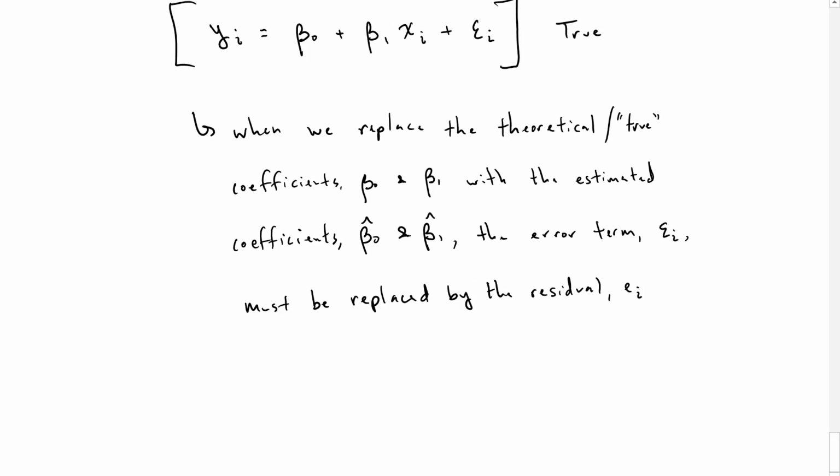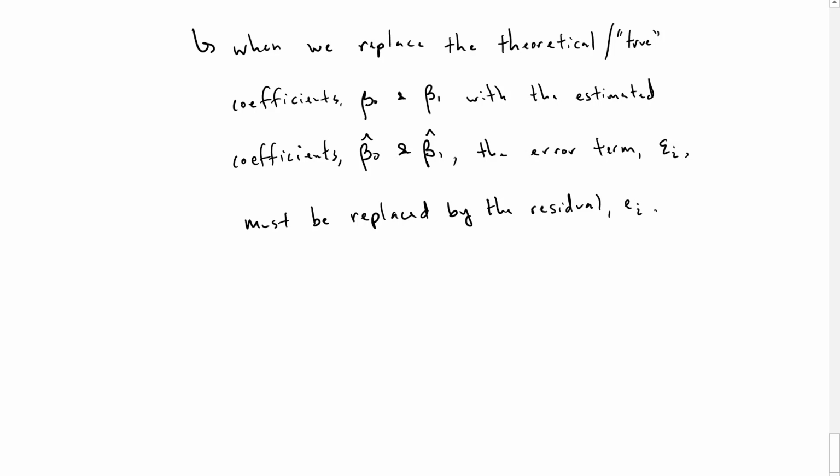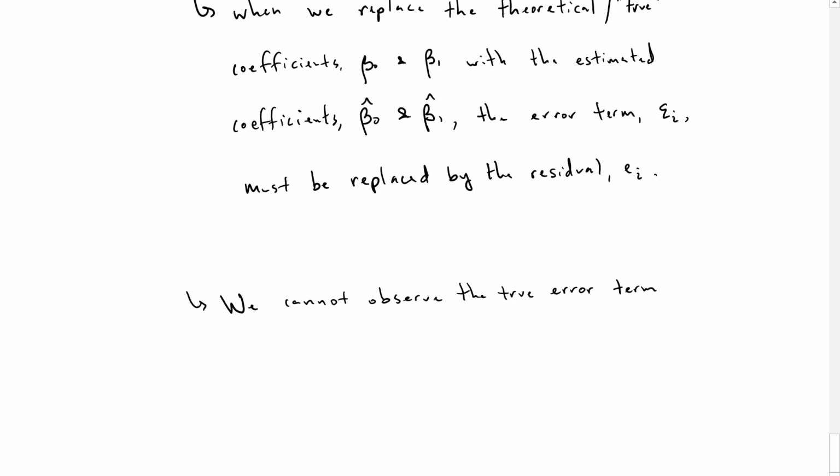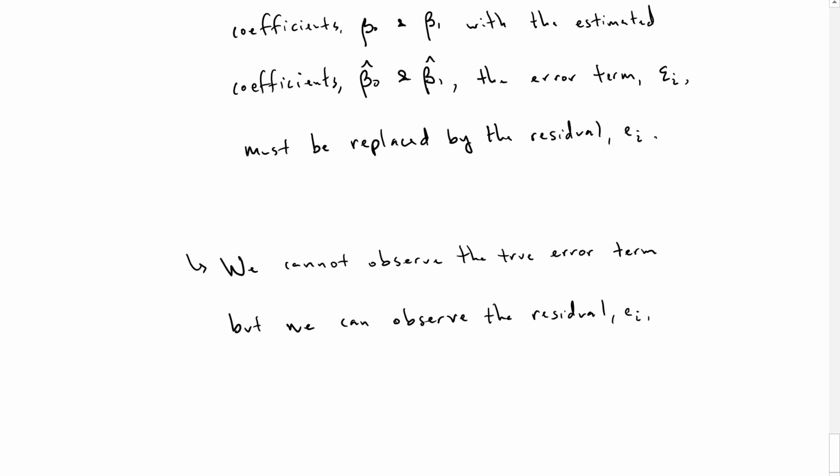Okay, so we cannot observe the true error term, but we can observe the residual ei when we estimate a regression.